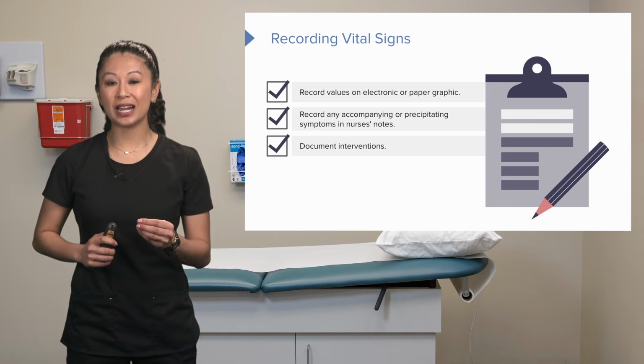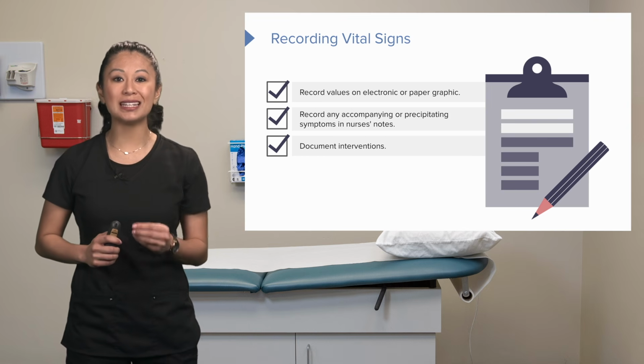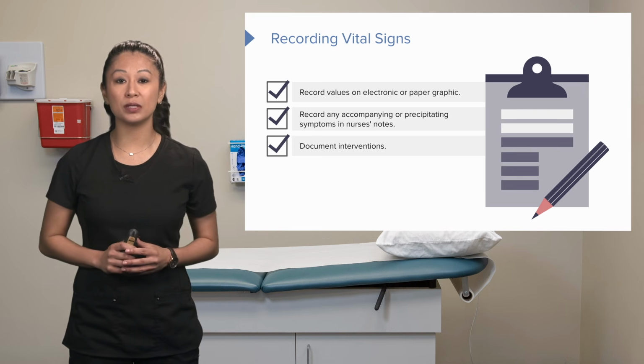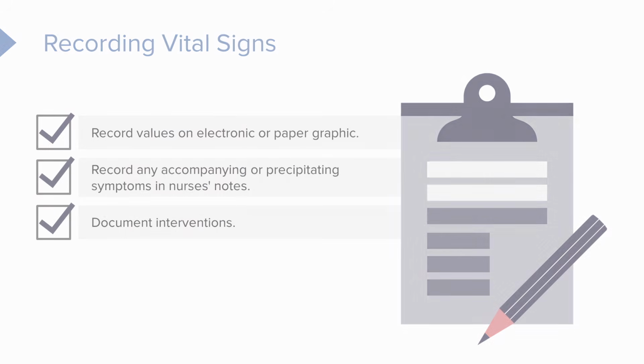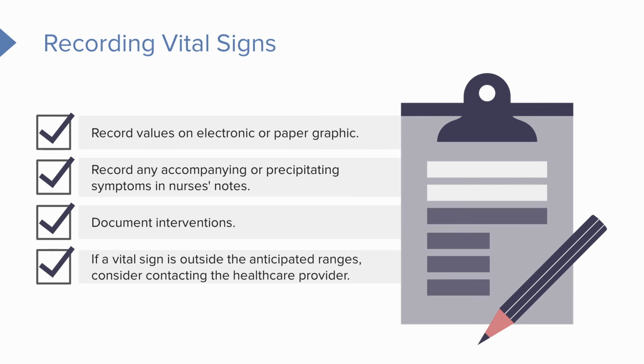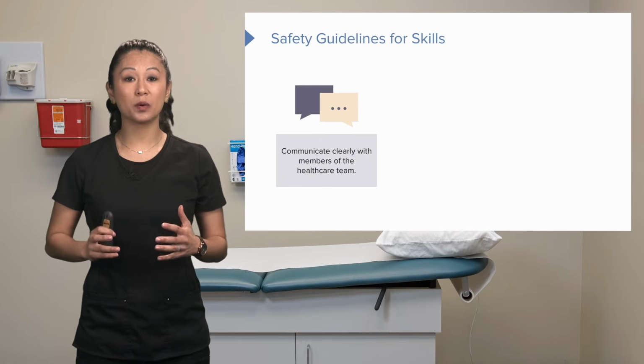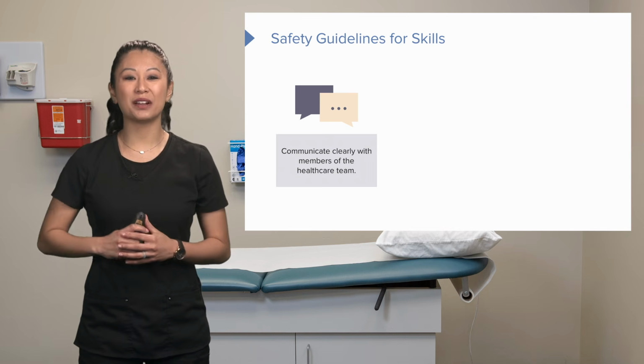And of course, there's times when interventions are needed for abnormal vital signs. It's important that we document those interventions and the follow-up. And if a vital sign is outside anticipated ranges, this is a point where we may need to consider contacting the healthcare provider. So let's take a look at some guidelines when we're talking about safety and performing vital signs.